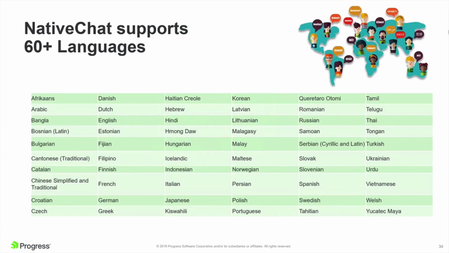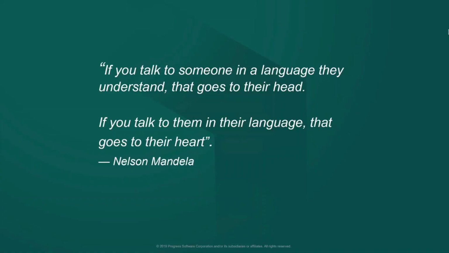Having multi-language support matters in the chatbot world. Leveraging a chatbot that supports the top 10 languages will allow conversations to more than 3 billion people. When you're developing a chatbot for local community, having support for their language is a must. I've chosen a quote from Nelson Mandela to illustrate this must-have feature.